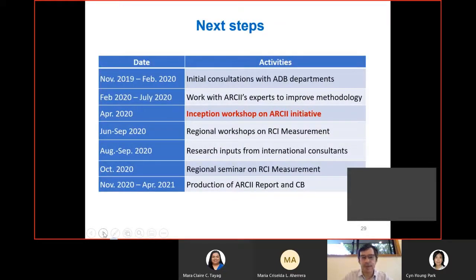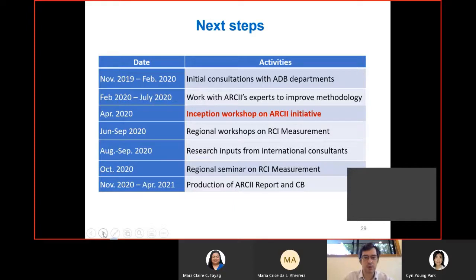As next steps, we are currently in the improvement of the methodology and the data collection phase. We have now the inception workshop in which we hope to get a lot of feedback on how to improve this first proposal for the framework. And what we will be doing are some regional workshops on ARCII measurement in some specific subregions in Asia.